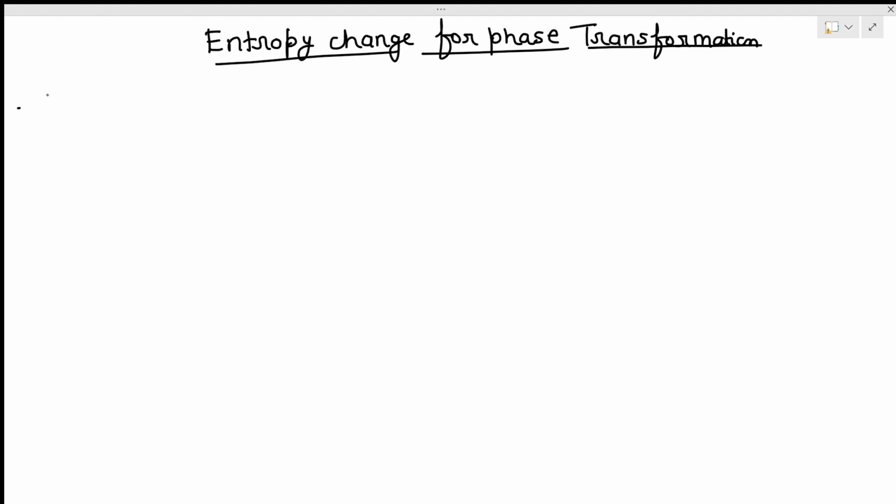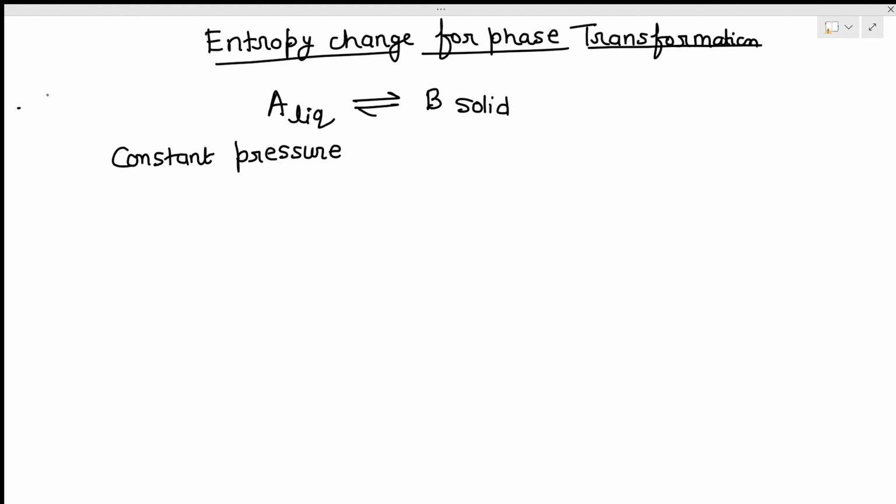Suppose a liquid A is changing to the solid B. This is the solid state. The phase transformation occurs at constant pressure and constant temperature.